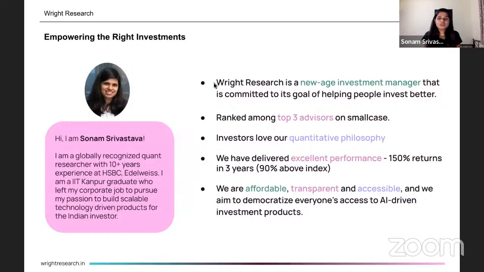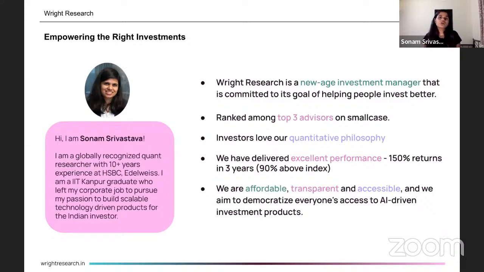So I think she told you about it, Right Research, the new age investment manager, and we're committed to helping people invest better. We are among the top advisors on smallcase. We started along with smallcase around 3.5 years ago, and we follow a quantitative philosophy. We have a deep belief in these quantitative methods, and that is what has happened in the last 3.5 years.